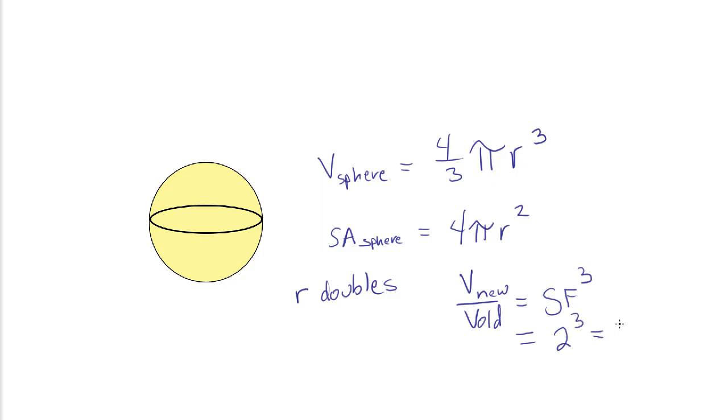The volume will be 8 times. Volume new to volume old will become 8 times from doubling the radius of my sphere. The surface area, as all areas, are squared factors. The surface area would quadruple given a doubling of the radius or the scale factors.